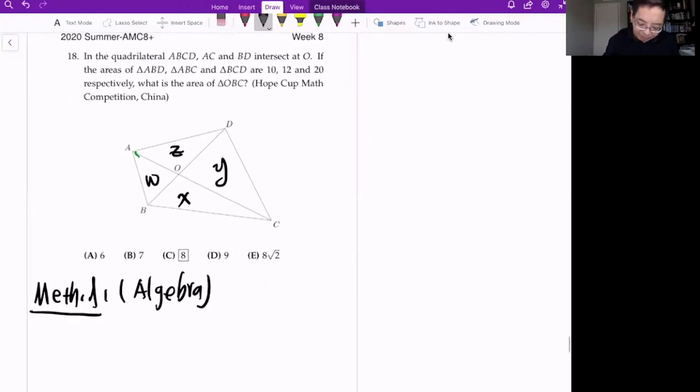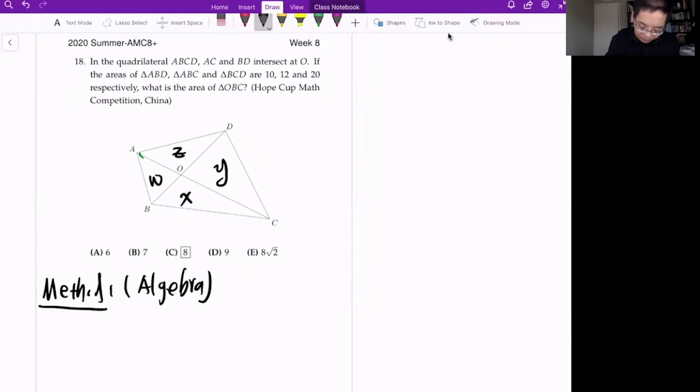Based on the given areas of 3 triangles, we can get 3 equations easily. The first one: the area of ABD is 10, so Z plus W is 10.